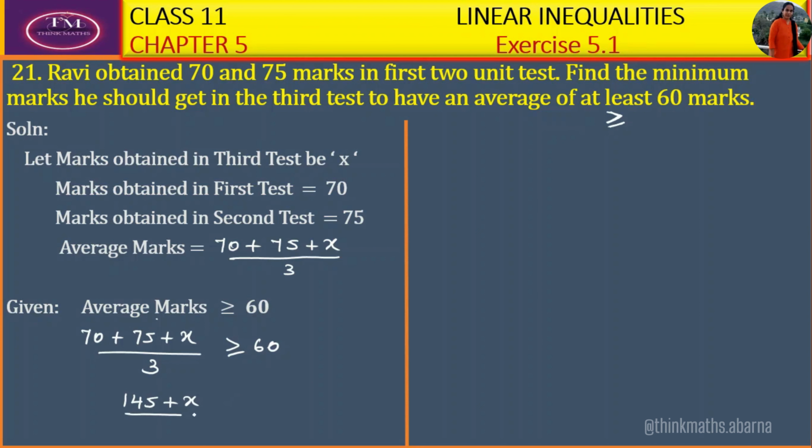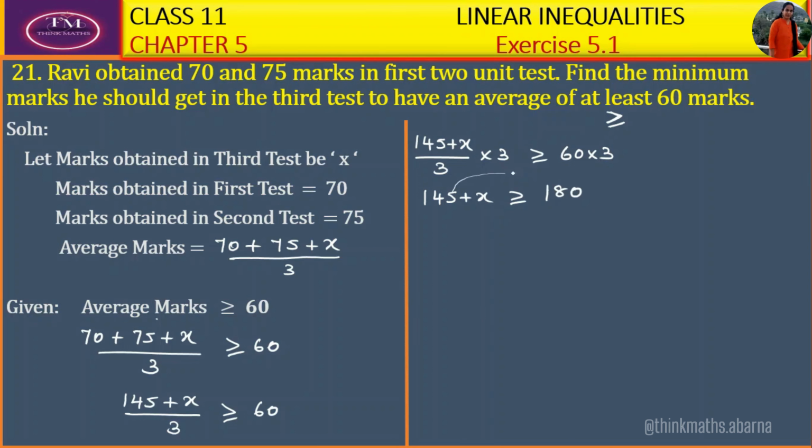So (145 + x) divided by 3 is greater than or equal to 60. To avoid this denominator 3, we can multiply by 3 on both sides. So this 3 gets cancelled, and 145 + x is greater than or equal to 60 into 3, which is 180.